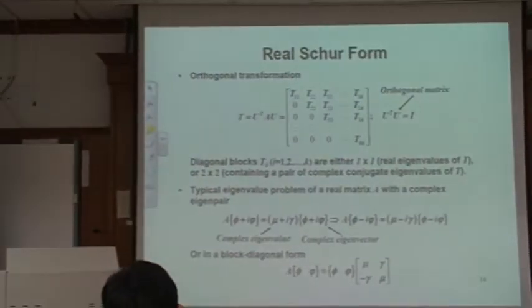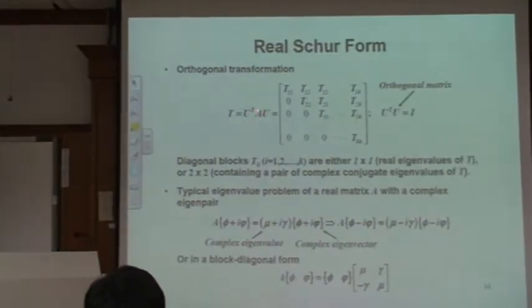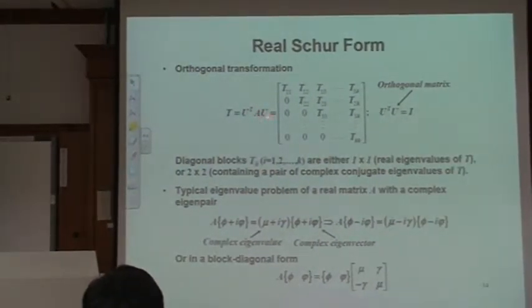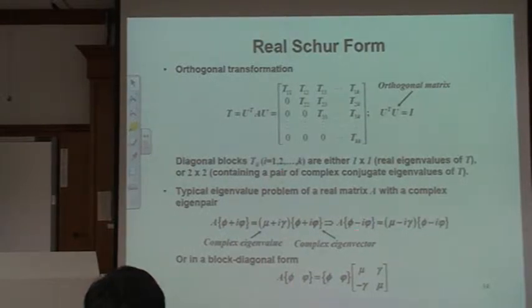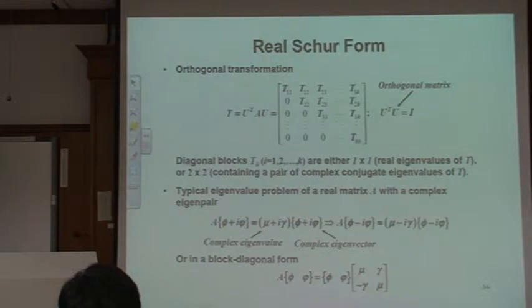Okay, now let me show you. Sometimes we can do it this way. We just find a U to make the original matrix A become an upper triangular matrix. That's it. And the rest here just tells you we have a real matrix, and usually we have complex eigenvalues.